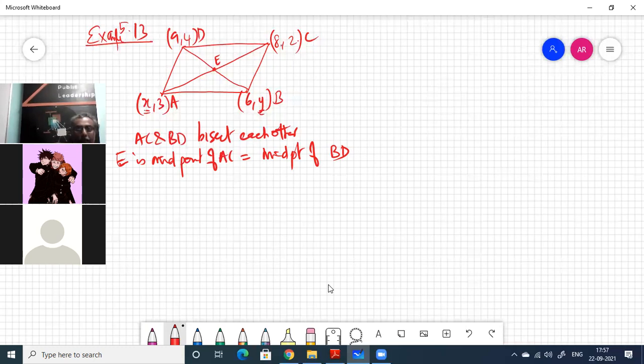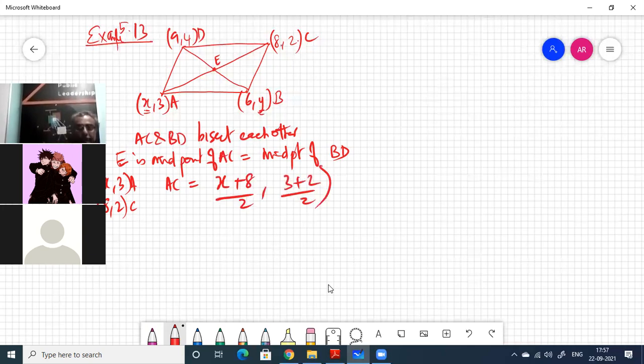What is the midpoint of AC then? That is equal to (x plus 8) by 2 comma (3 plus 2) by 2, that is (x plus 8) by 2 comma 5 by 2.